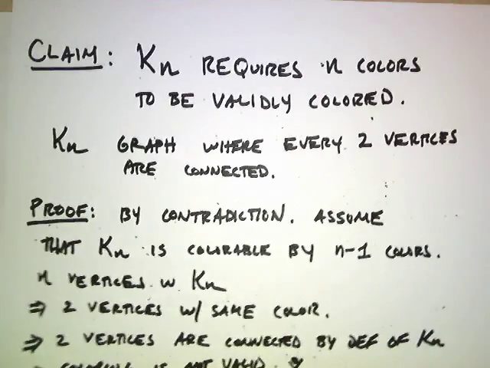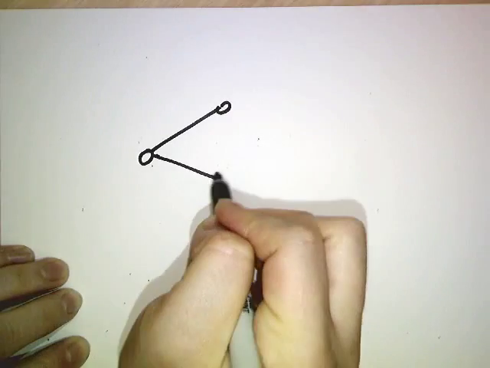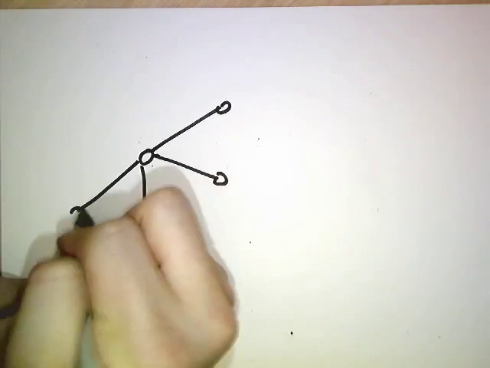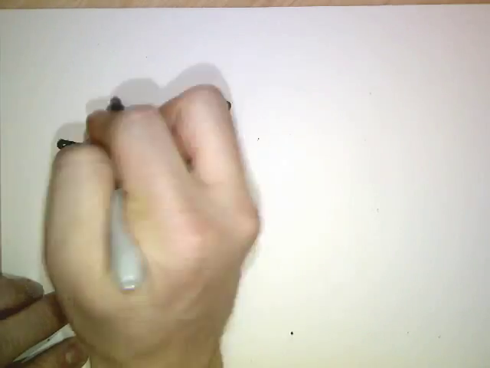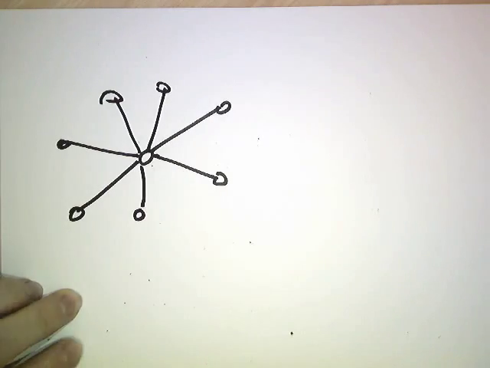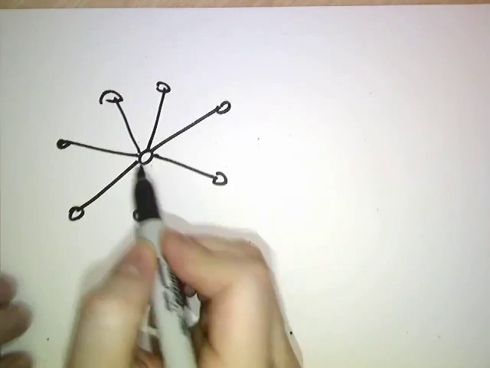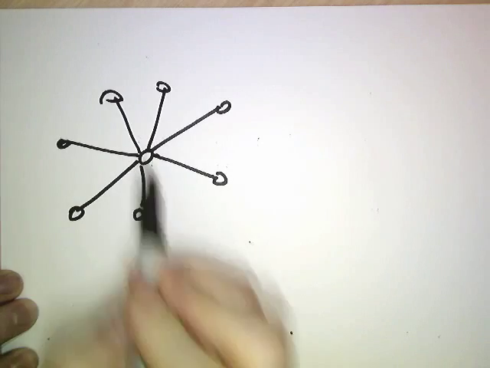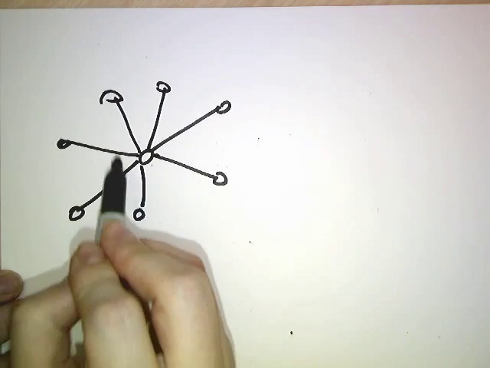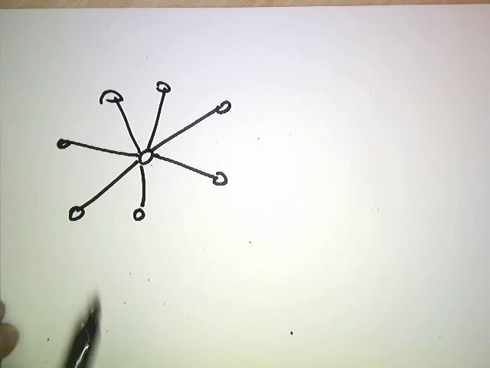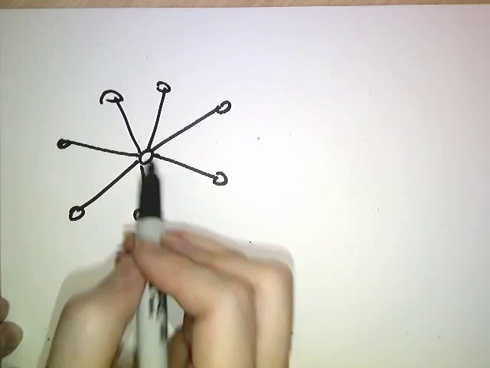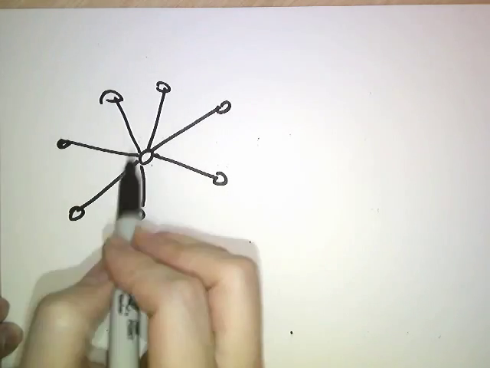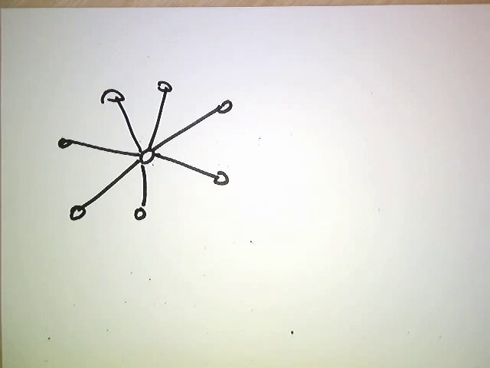Just to illustrate this, notice, for example, that if we're given a graph that looks like this, well, first of all, there's a vertex with very high degree, with degree 1, 2, 3, 4, 5, 6, 7, and it's called the star graph because you have one vertex radiating out all of its edges to other vertices.